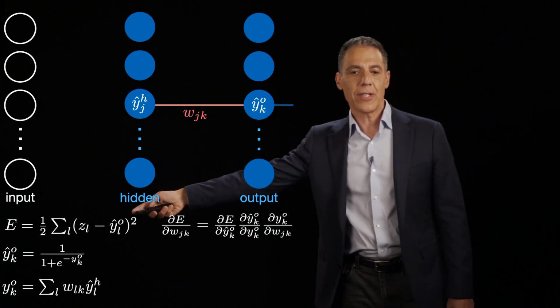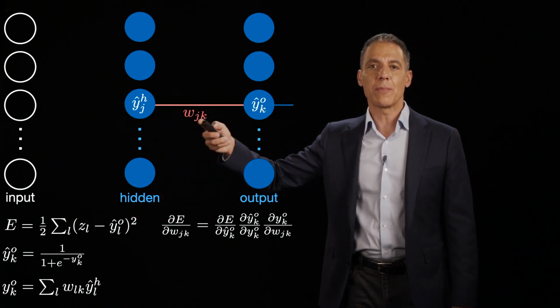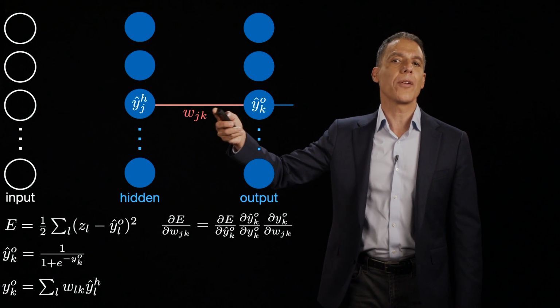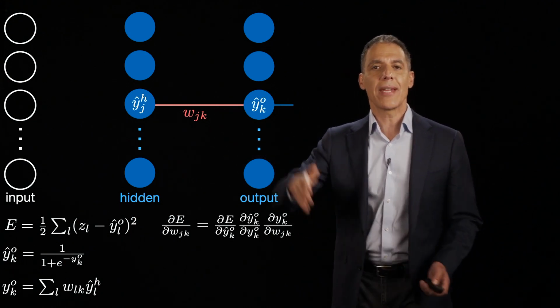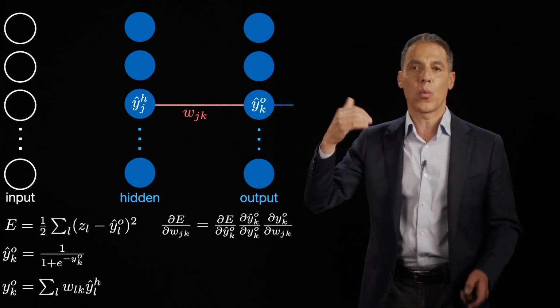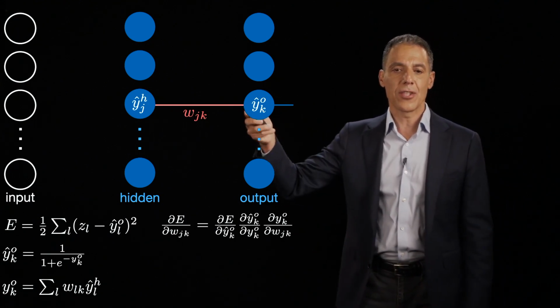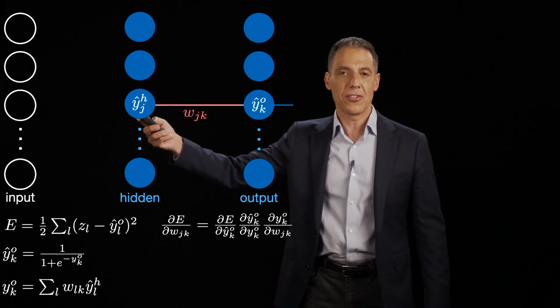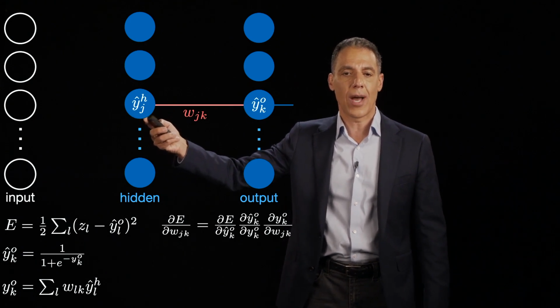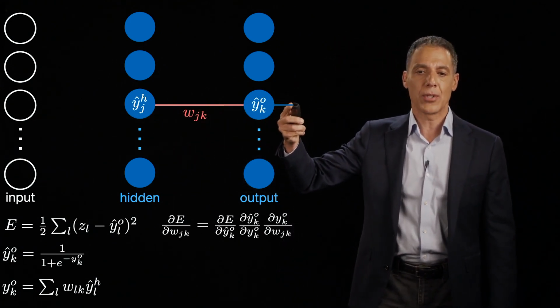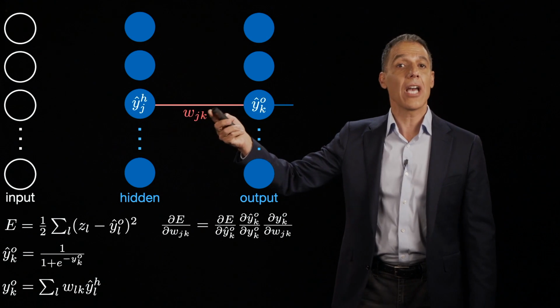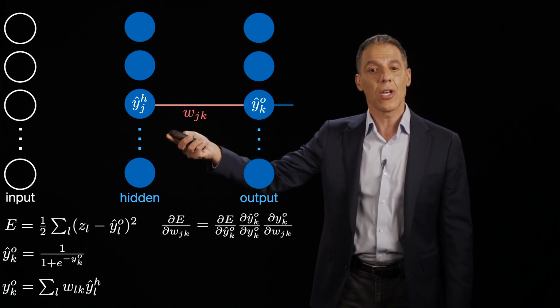We want to take the derivative of this error function with respect to, let's just do this one weight right here. Remember that every one of those connections is a weight whose value needs to be learned. So let's just look at this one that connects the jth hidden neuron to the kth output neuron and ask, what is the update rule, the delta rule, associated with this?